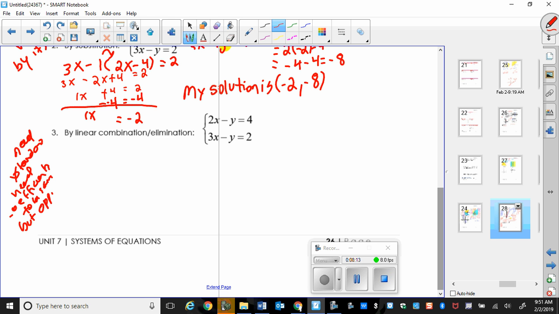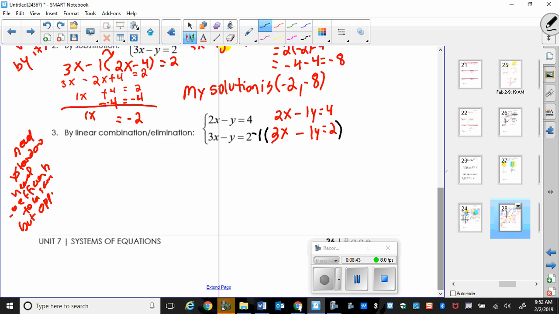Okay, so if I rewrite this, I have 2x minus 1y equals 4, and 3x minus 1y equals 2. So my y terms have coefficients that are the same, but in order for them to be opposites, I have to multiply by a negative 1.